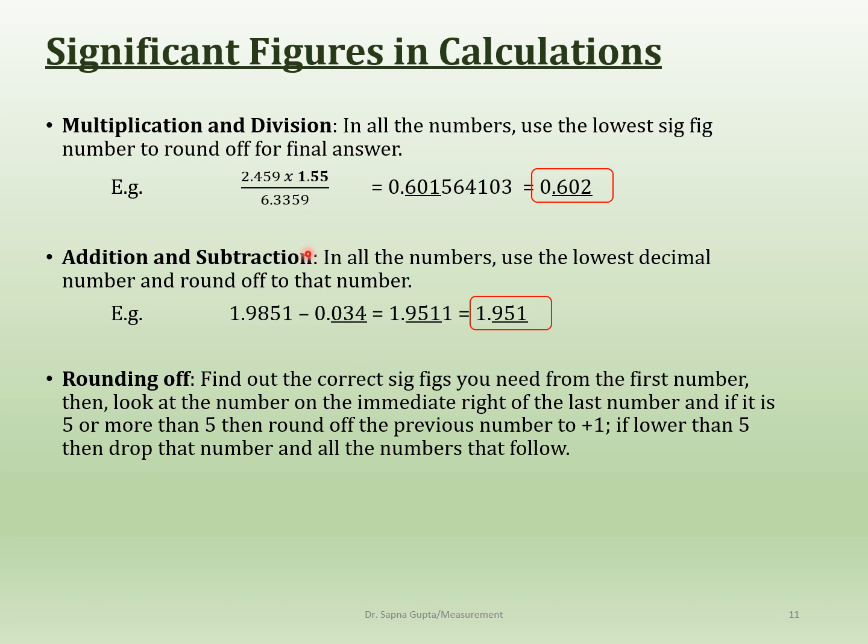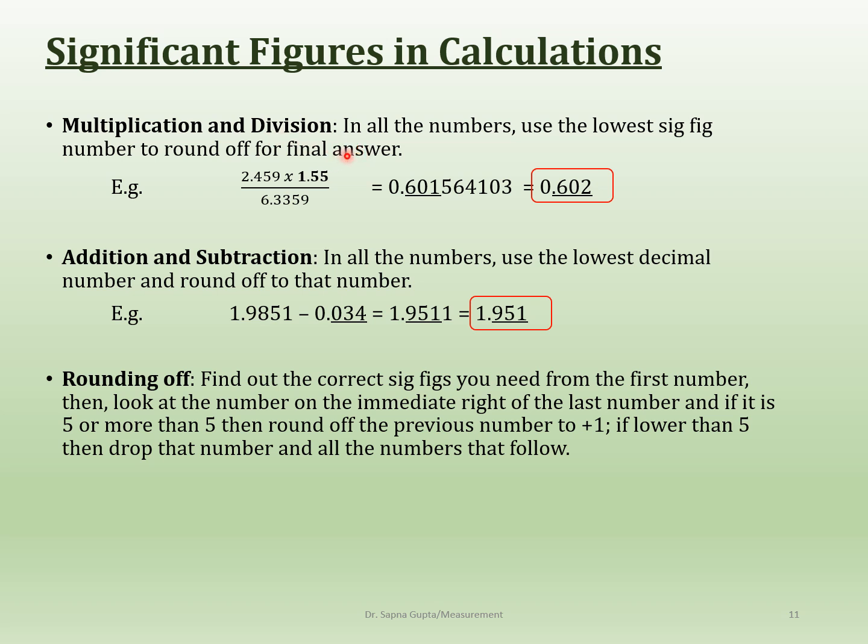How to deal with significant figures in calculations. You have 2 different kinds of rules: one for multiplication and division, one for addition and subtraction. For multiplication and division, you take the lowest sig fig of the numbers and then round off.